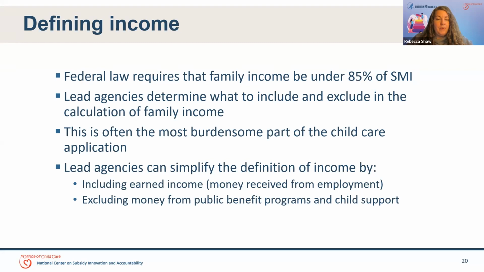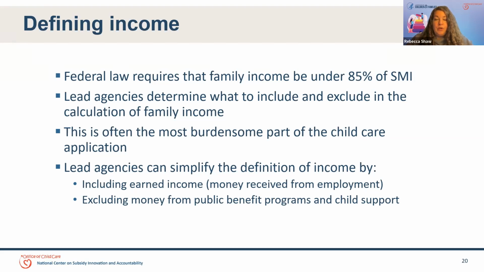The first example on the slide we're looking at is defining income. In order to be eligible for childcare, federal law requires that family income must be below 85% of state median income, but lead agencies can define what is included in the income calculation. Through their research and the feedback that they received, the U.S. Digital Service found that reporting and proving income can be the most burdensome part of the child care assistance application.